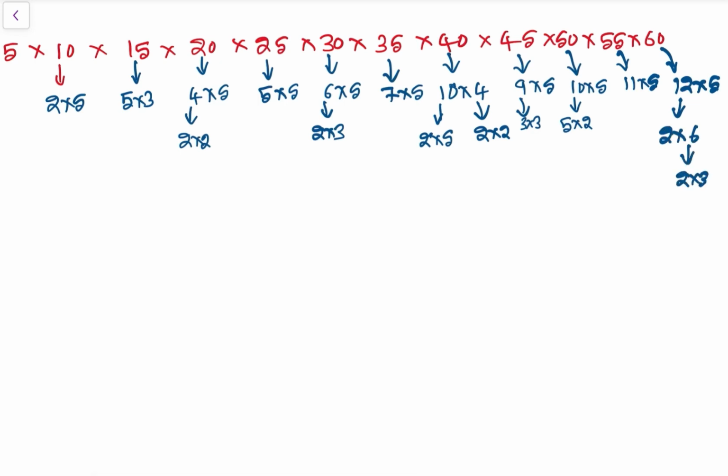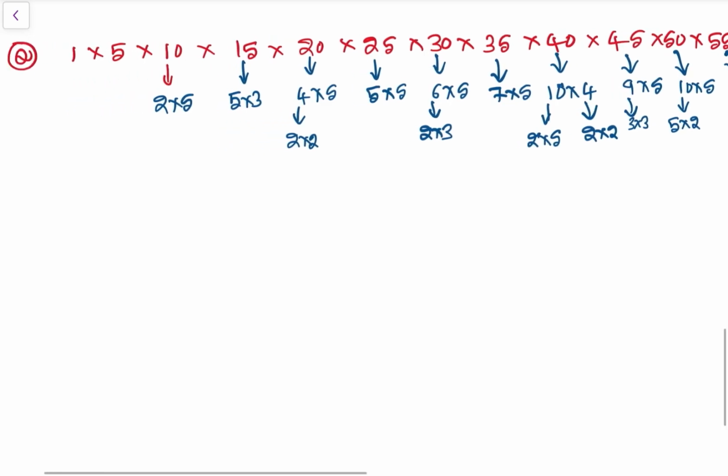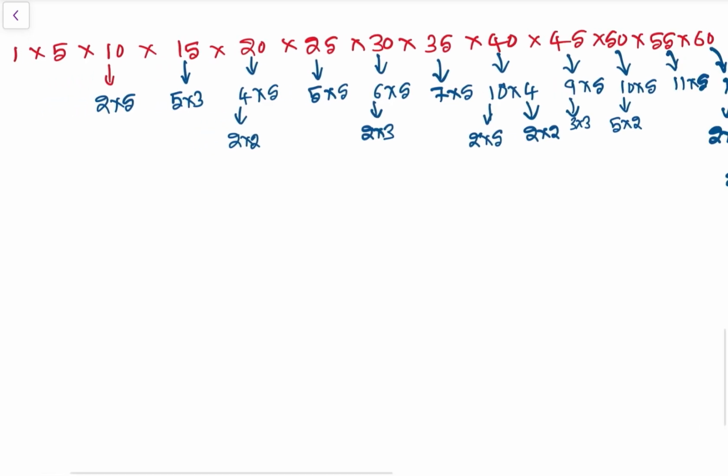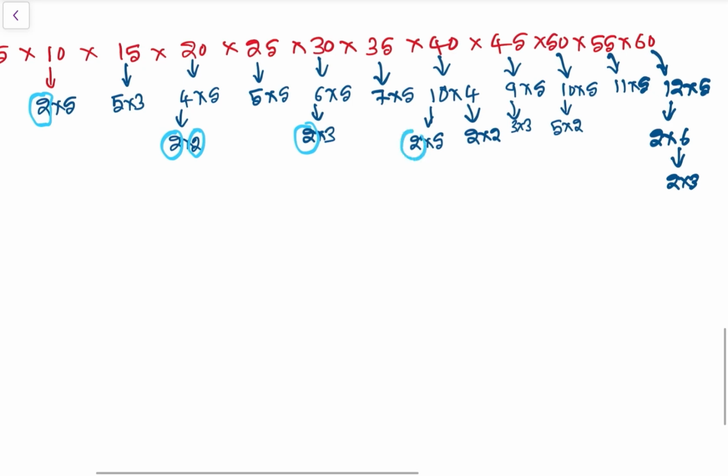So now count number of 2's. So number of 2's is 1, ठीक है, 2, 3, then 4, 5, 6, 7, then 8, 9, 10. So 2 to the power 10 into, now count number of 5's.